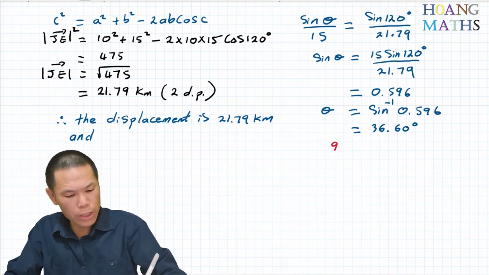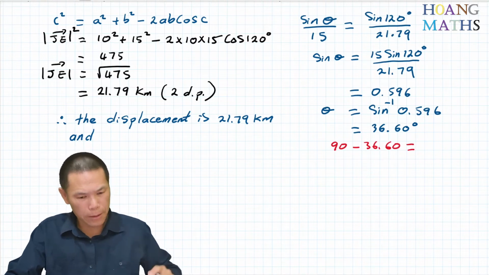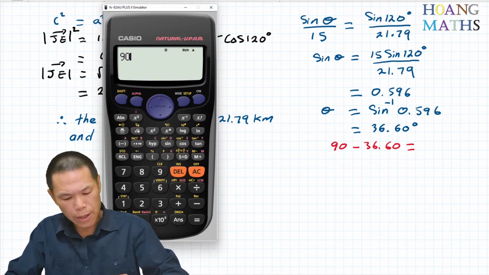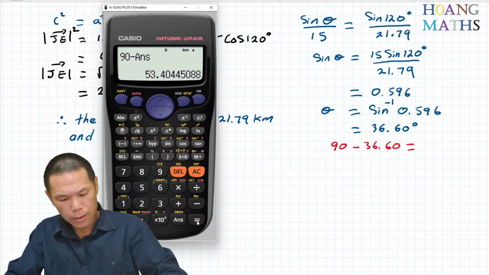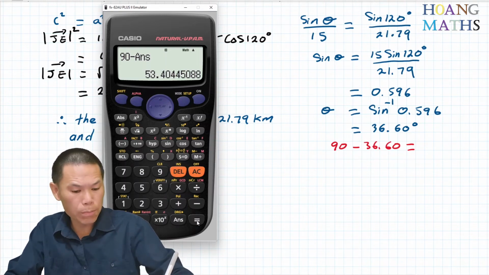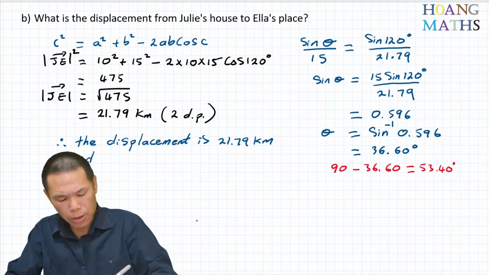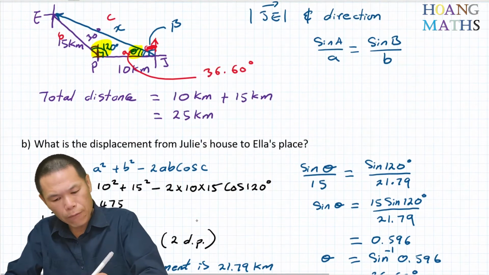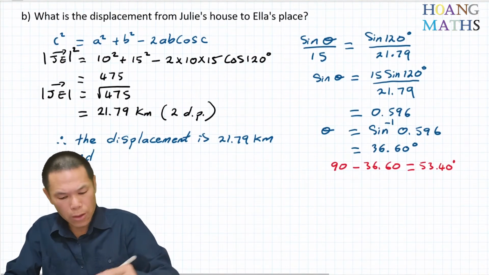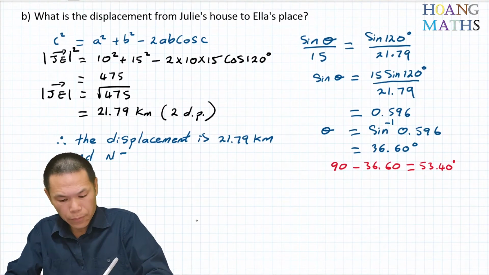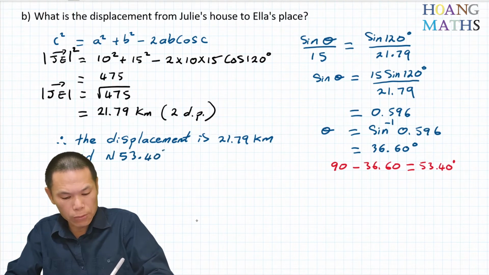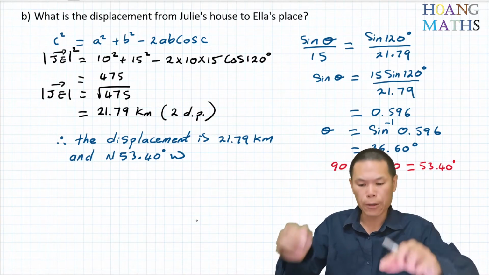So I just go 90 minus 36.60, that gives me 53.40. So the bearing, starting from north here, is north 53.40 degrees west. So there you go.